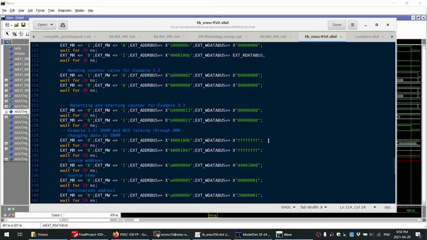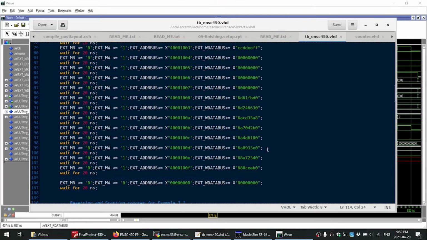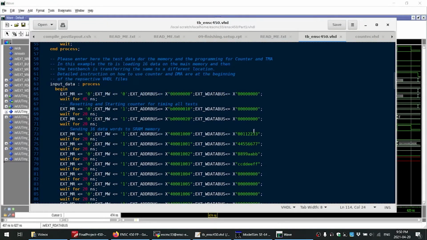So this is the test bench, which is going to be used as a CPU of our SoC. In the beginning, we have a counter that will be used to time all of the example test cases. This is counter number 0.